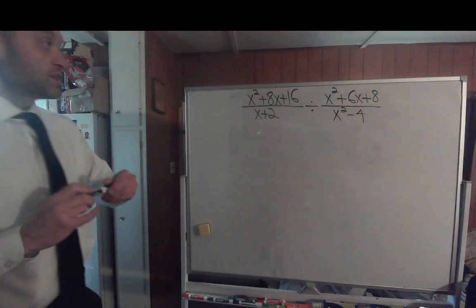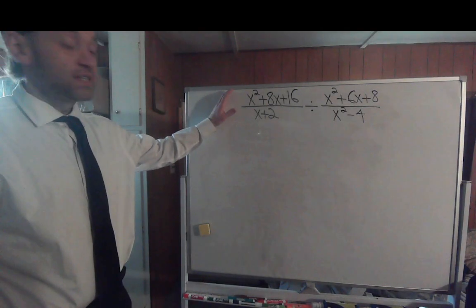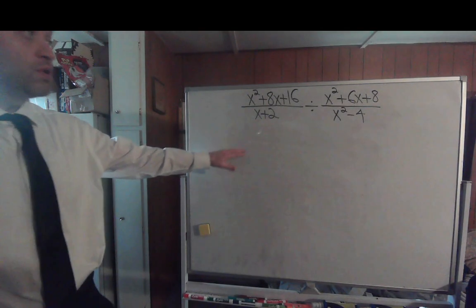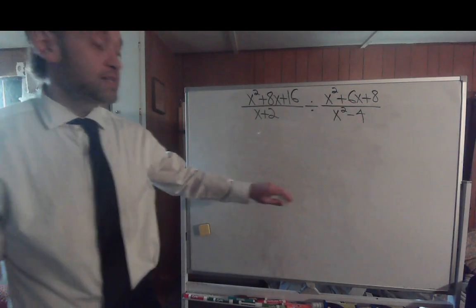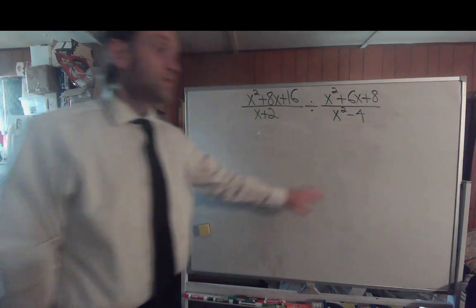Alright, so we have x squared plus 8x plus 16 over x plus 2, all that divided by x squared plus 6x plus 8 over x squared minus 4.